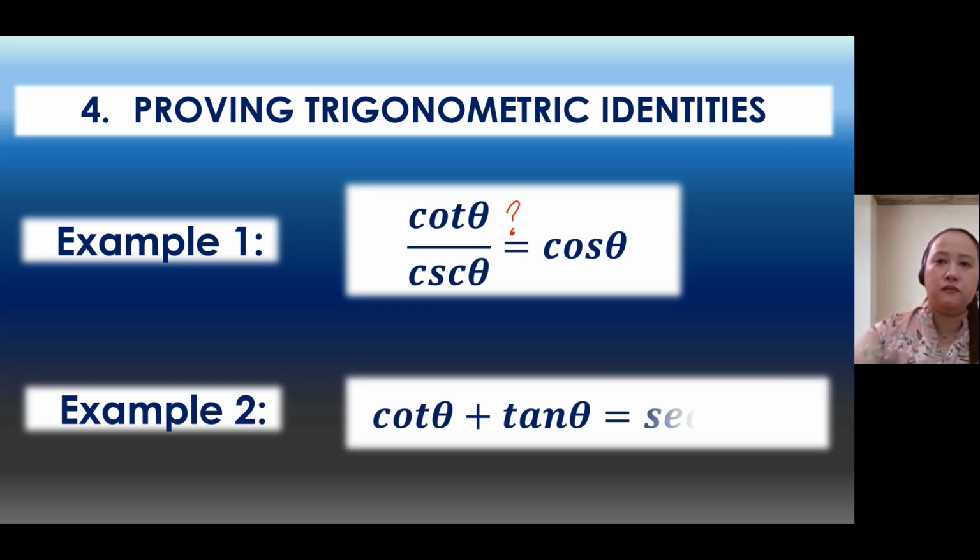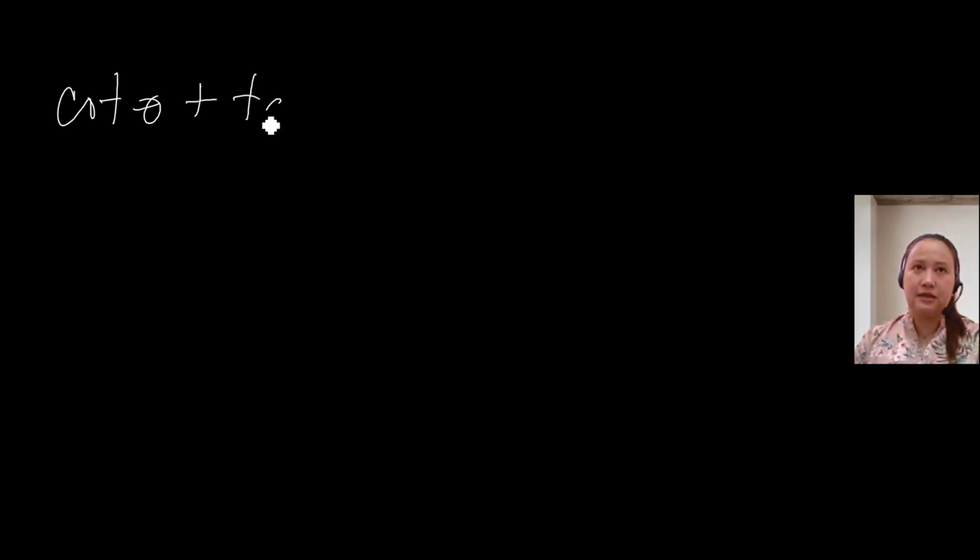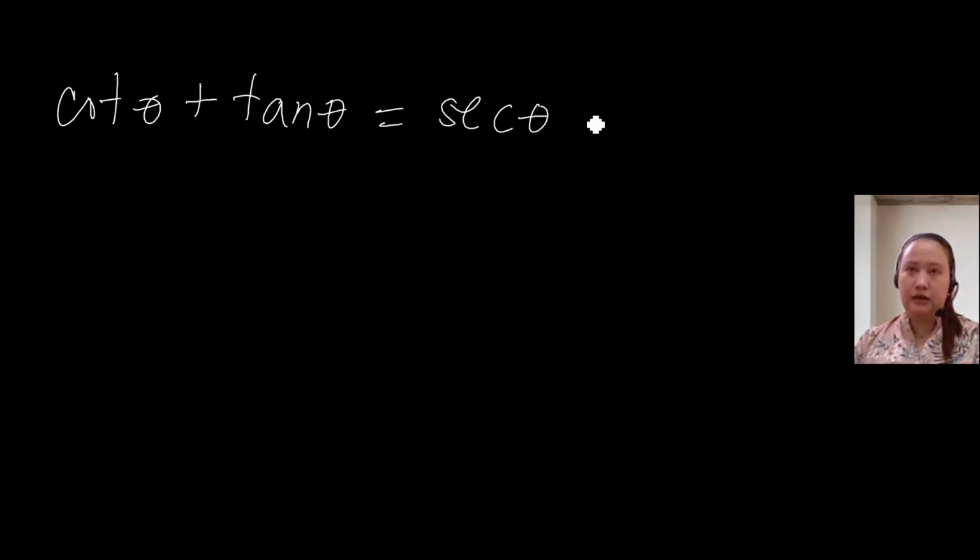Next example: cotangent theta plus tangent theta equals secant theta, cosecant theta. So let us write it. The given is cotangent theta plus tangent theta equals secant theta, cosecant theta.